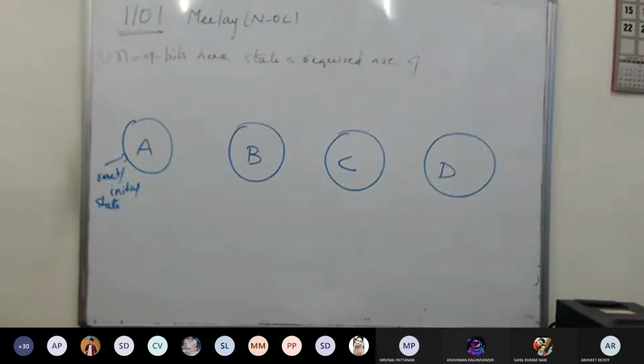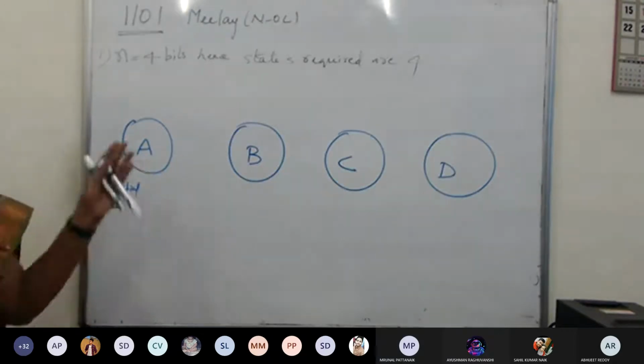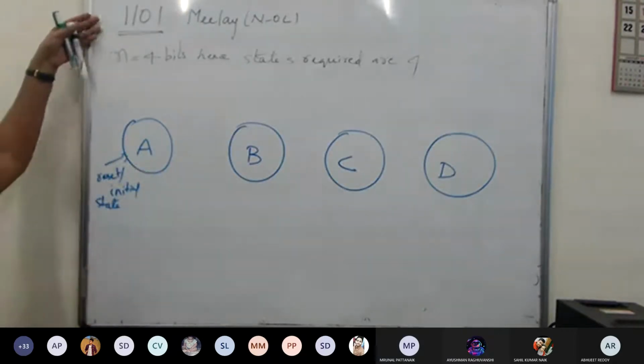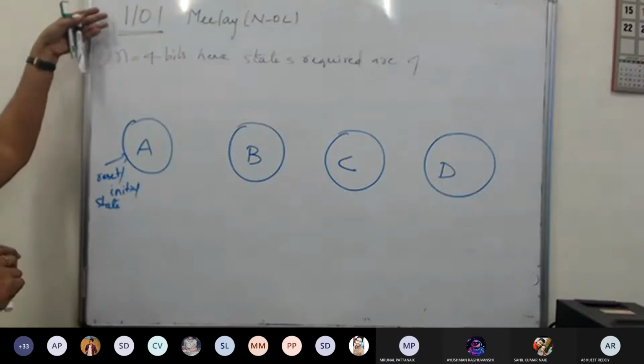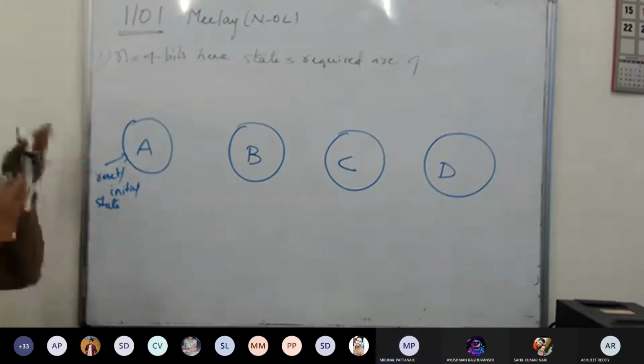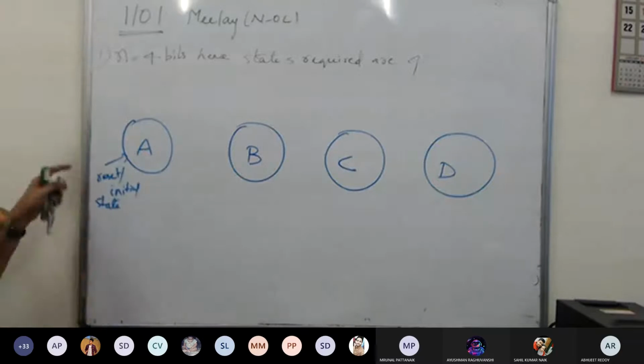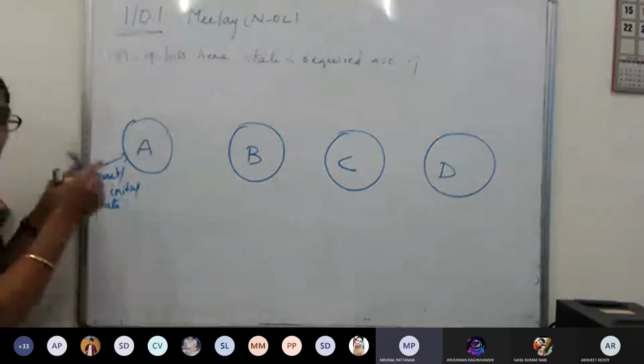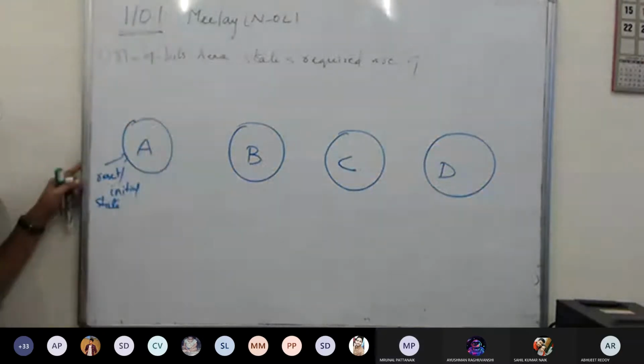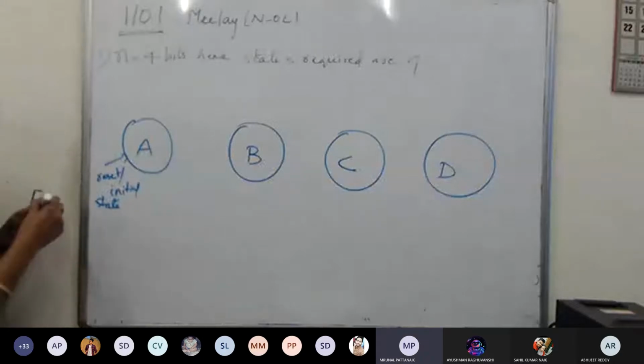Right. Now, the state diagram is always a combined form. That means we have paths which are interconnected. So the decision making has to be done on when we have to move forward or when we have to stop. For the sequence detector, the forward movement will depend upon the bits entering.